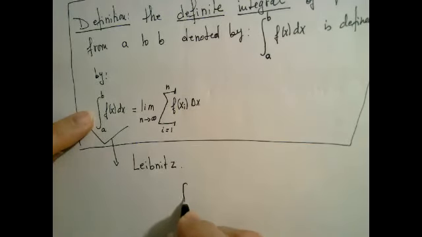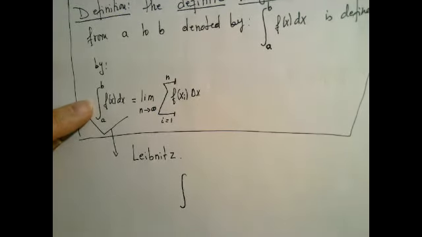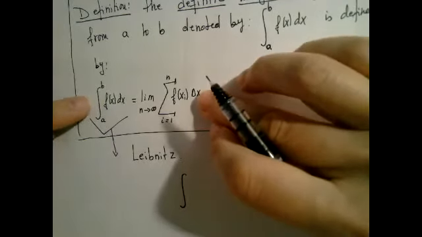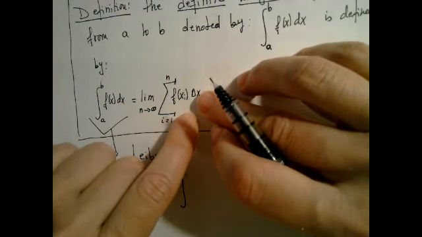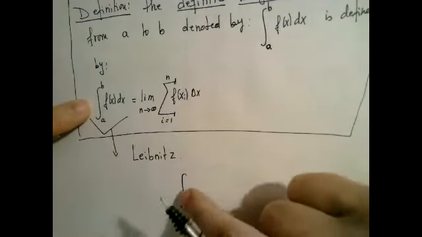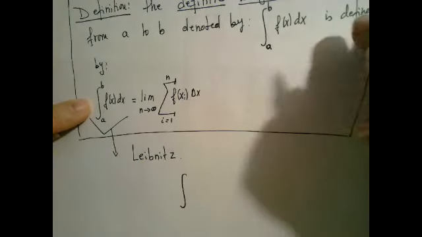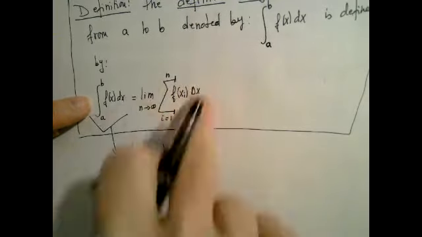Okay, this piece here, what does it represent? Anybody? The notation is trying to reflect the definition. That's really where Leibniz came from. So what do you think this wiggly thing comes from? Anybody? What does it represent?